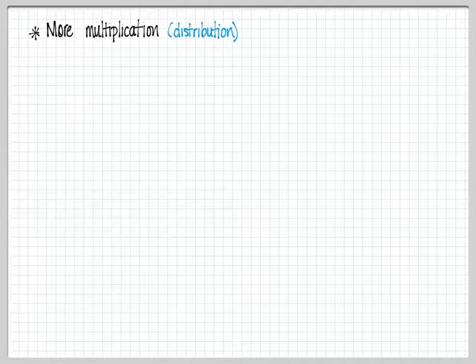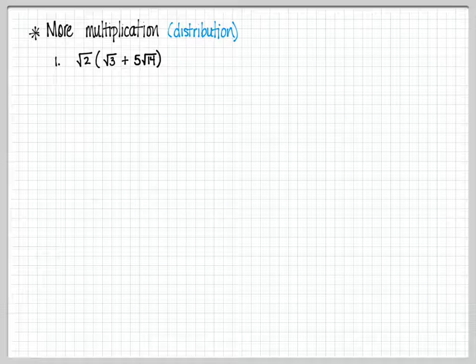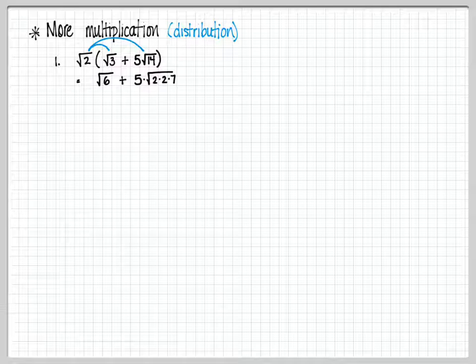Now, more multiplication going on here. This is going to be about distribution. So, if I have the square root of 2 times this group of the square root of 3 plus 5 root 14, well, I just distribute that square root of 2, and so it's going to equal the square root of 2 times the square root of 3, which is the square root of 6. And I'm going to do distribution here of square root of 2 times that. Well, I'm going to get 5 times. Oh, now I have to do that simplification. So I'm factoring.